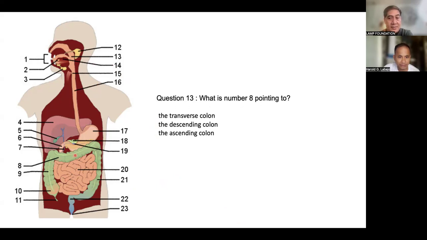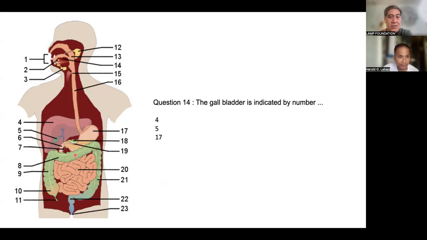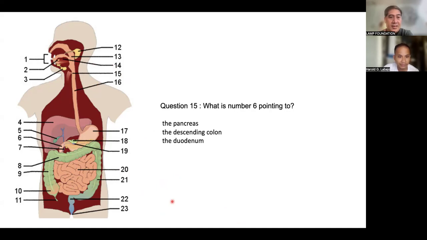What is number 8? Number 8, the transverse colon. Gallbladder is what number? Gallbladder is number 5. What is number 6? The duodenum. Common bile duct is what number?